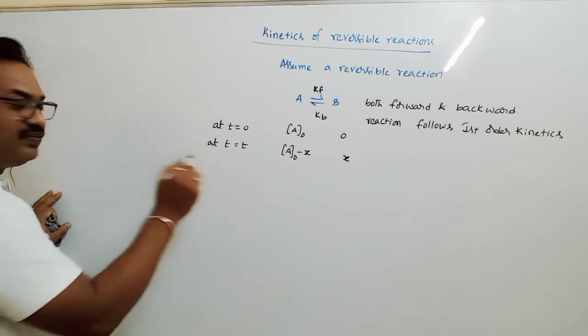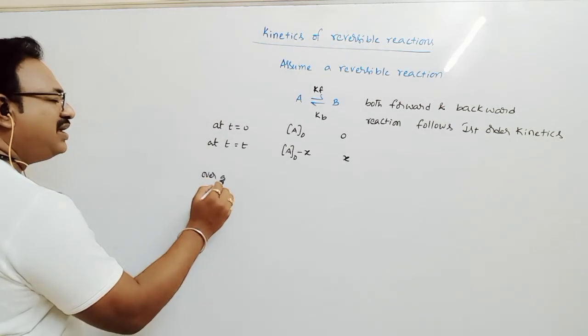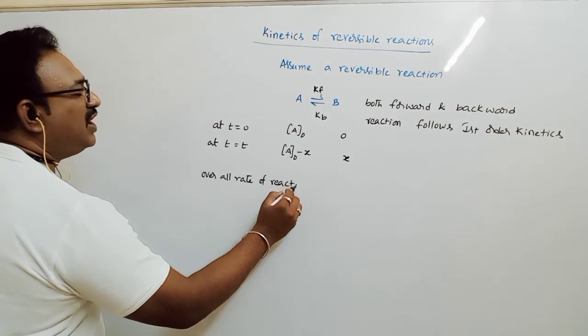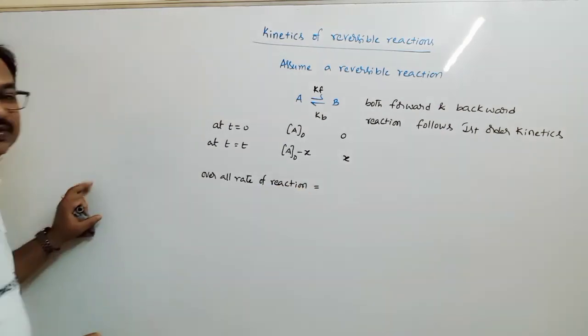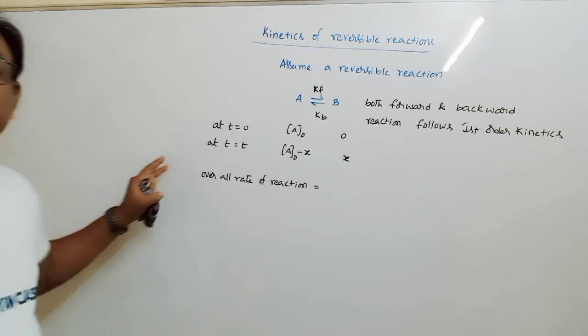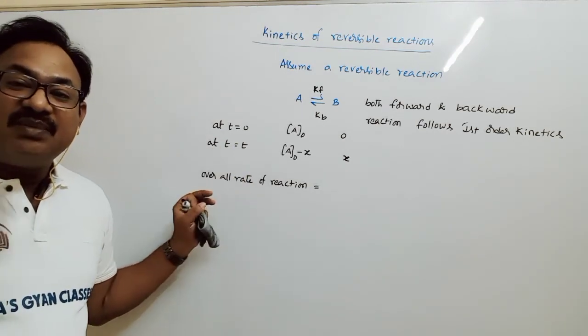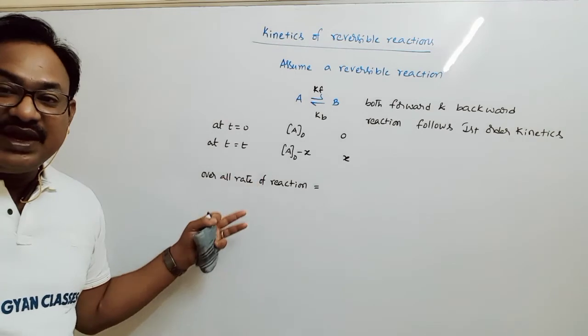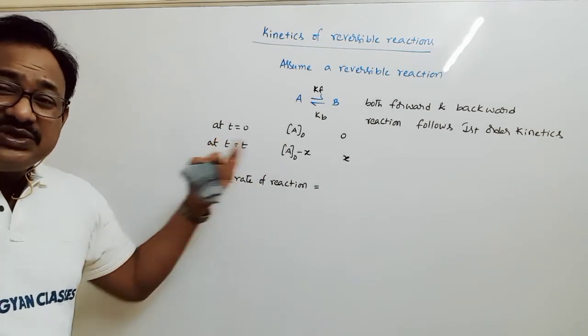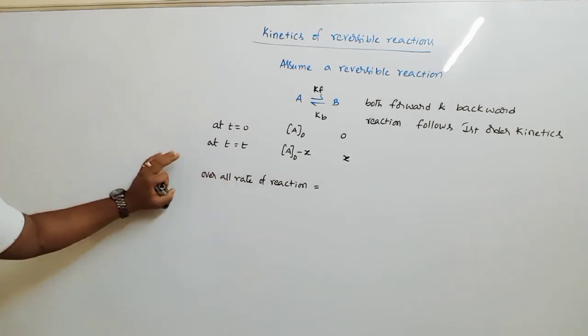Now, the overall rate of reaction. If it is parallel, like major and minor, you can take the sum of the reactions. But here one opposes the other, so you should take the difference.